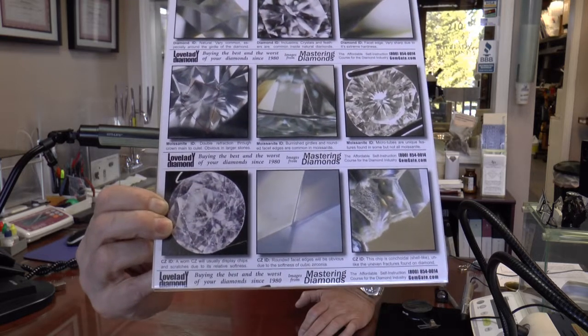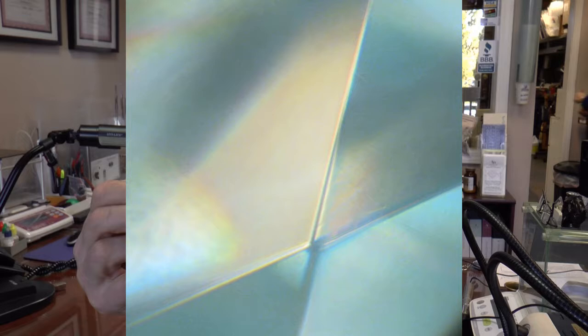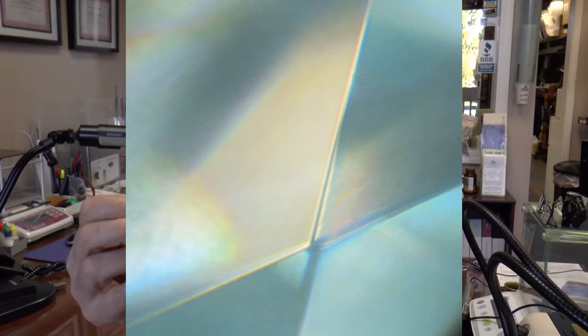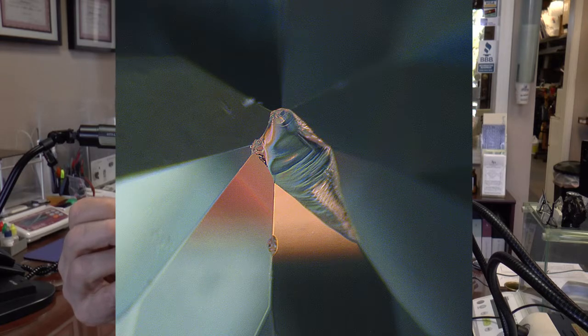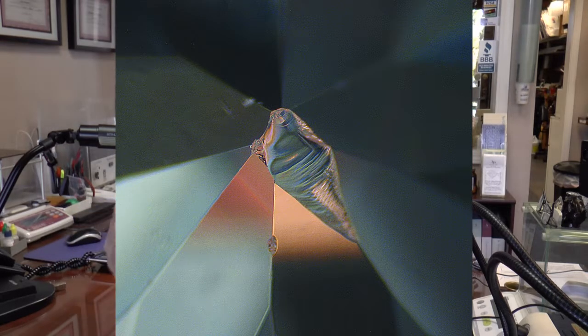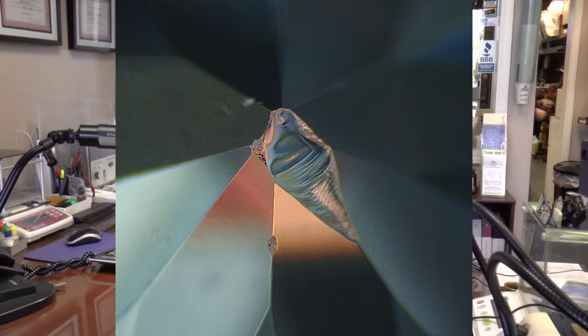And then of course the middle picture, bottom row, you'll see the very rounded facet edges due to the softness of the stone. The conchoidal fracture is how glass and cubic zirconia fracture. It's a shell-like fracture, whereas diamond is an uneven fracture. So these are all good points in identifying diamond or its simulant counterparts.